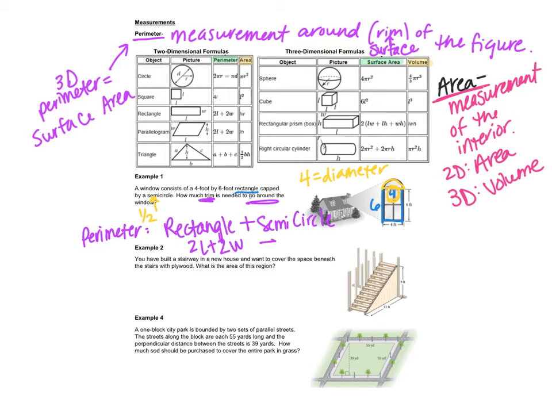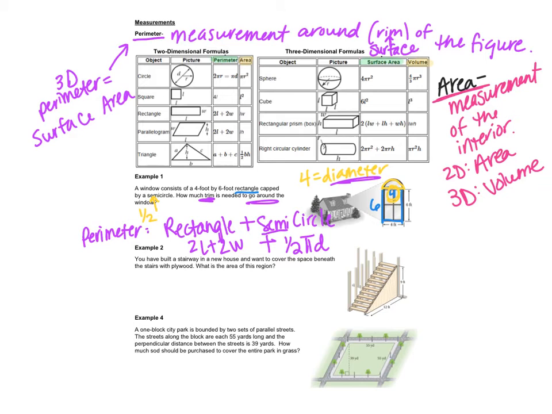And then I'm going to add that to the semicircle, which would have been 2 pi r or pi d. I'm going to actually use the pi d this time, so let me erase that because we have the diameter. So it would have been pi times the diameter. However, it's a semicircle, so I'm going to put a 1/2 for that.